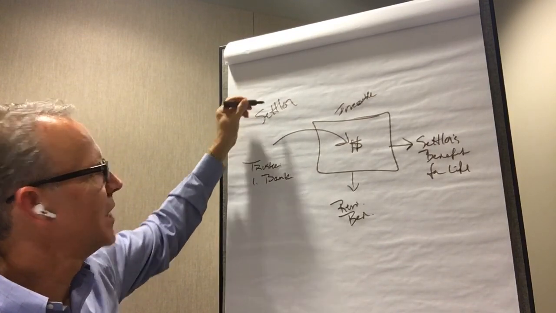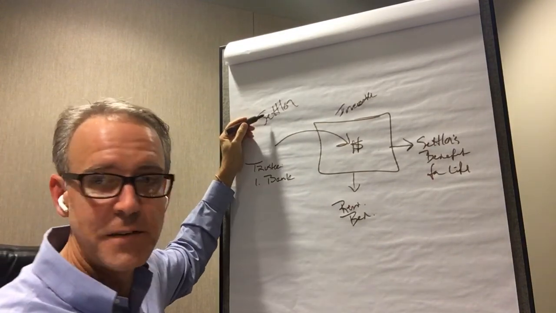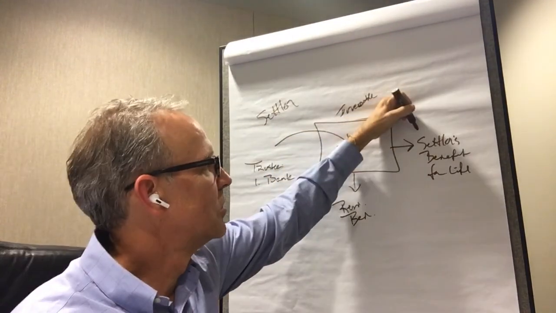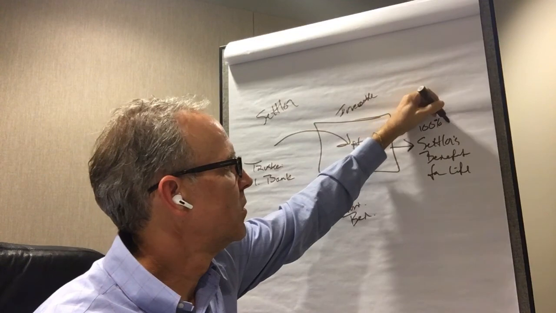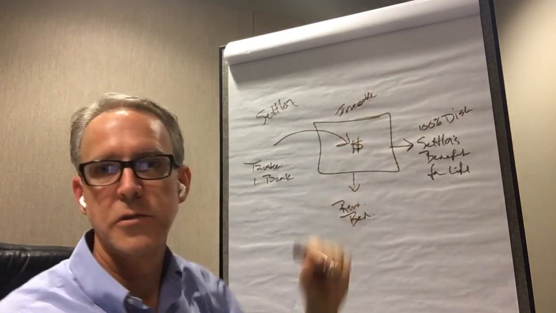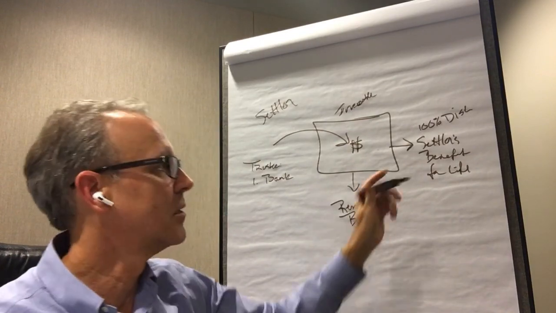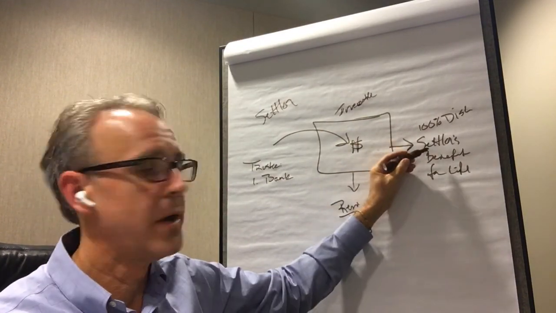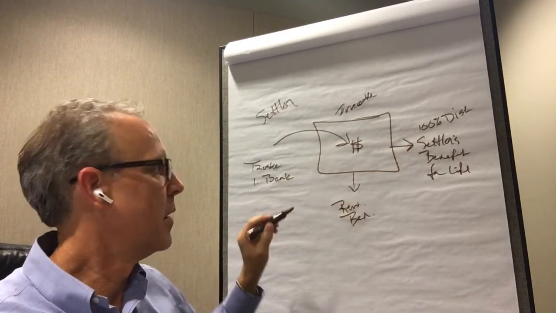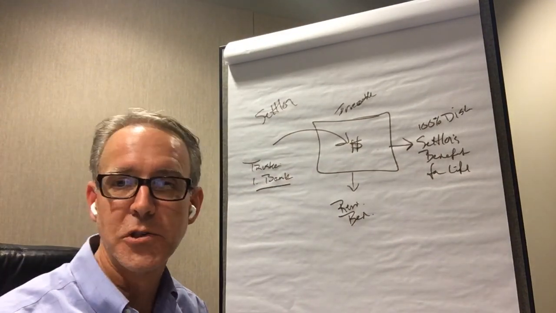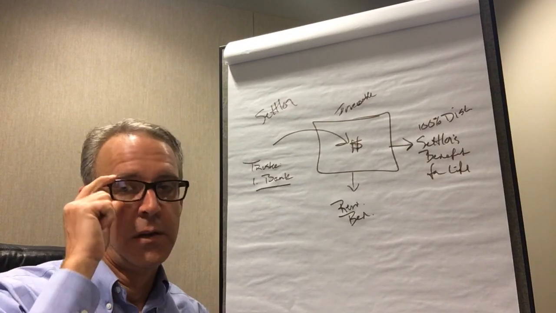So when the settlor owned the assets, he fully controlled them. He puts them in the trust, and this is 100% discretionary distributions, 100% discretionary whether anything comes out of the trust. If it does, it benefits the settlor. And the person who decides whether anything comes out is the trustee, which is the bank, which is not the settlor.